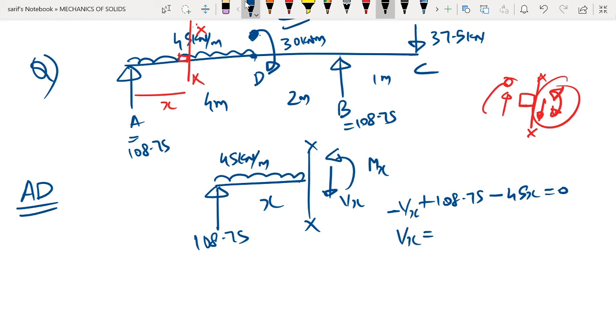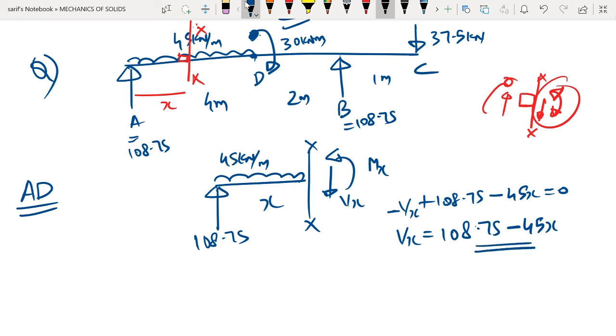So we'll get the value of Vx as 108.75 minus 45x. This would be the expression for shear force.